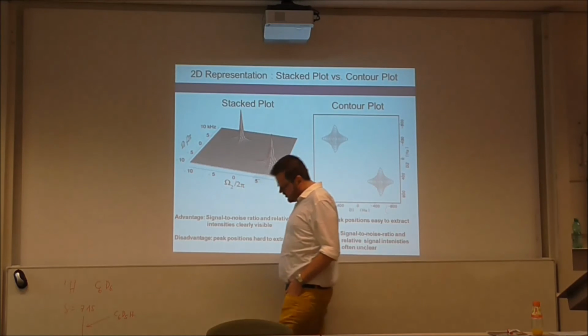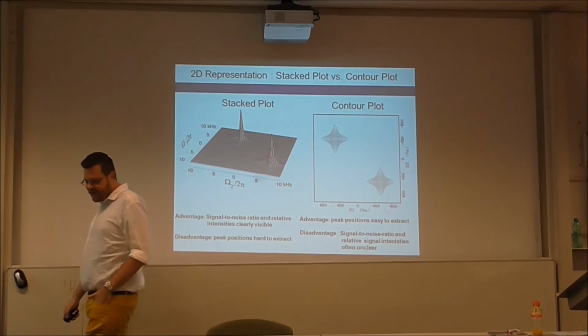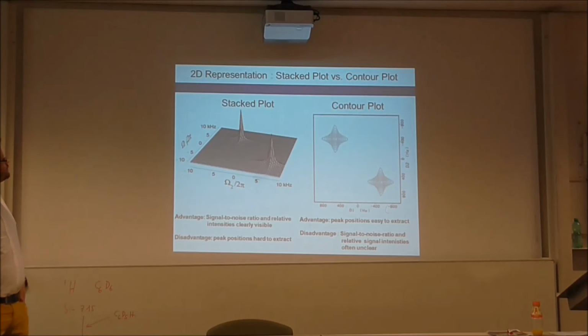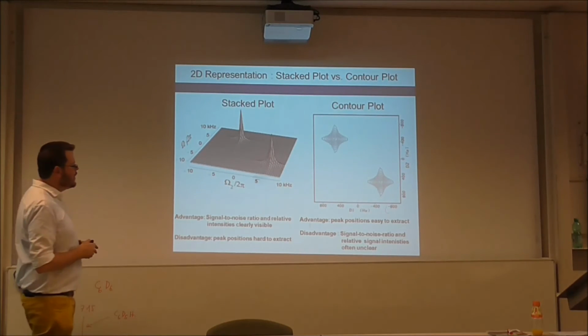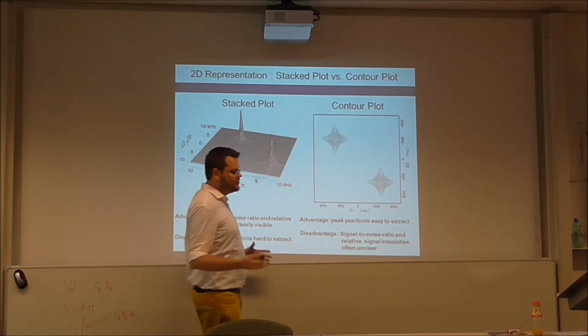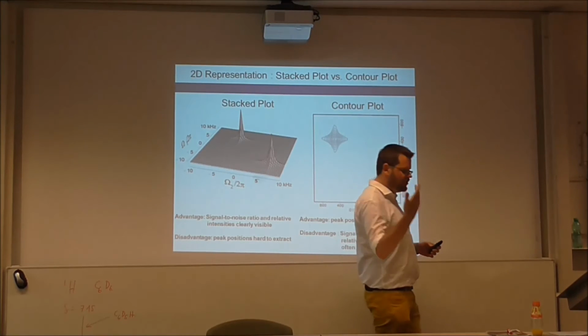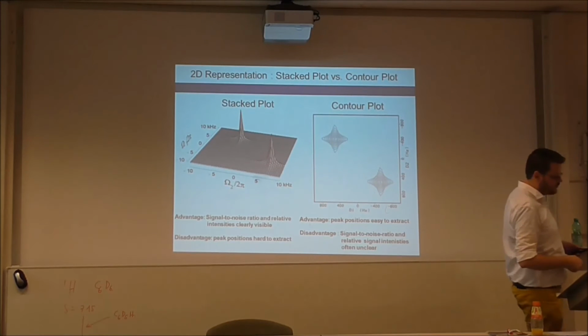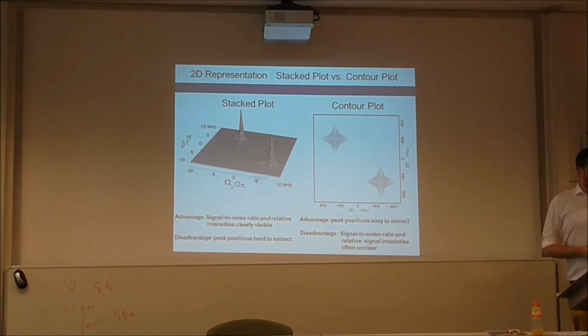Now, there are two ways that we can represent 2D spectra. We have a range of different types of two-dimensional NMR spectroscopy, which you're all familiar with from the practical course. We can represent it in three dimensions as a stacked plot, which looks very cool.